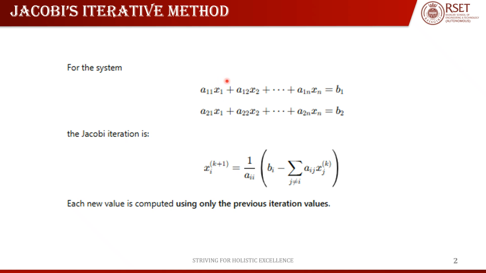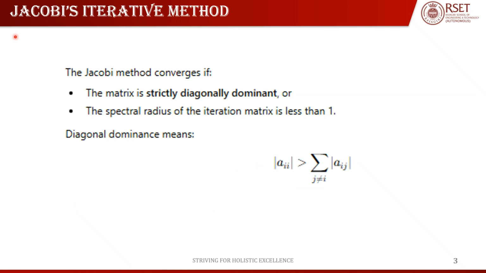So you'll be able to separate x1. From the second equation you keep a22 x2 here, take all other terms to the RHS and divide by a22, so you'll be able to separate x2. In a similar way you will be able to separate x1, x2, x3 etc., and we'll see how to get the next iteration from the problem.